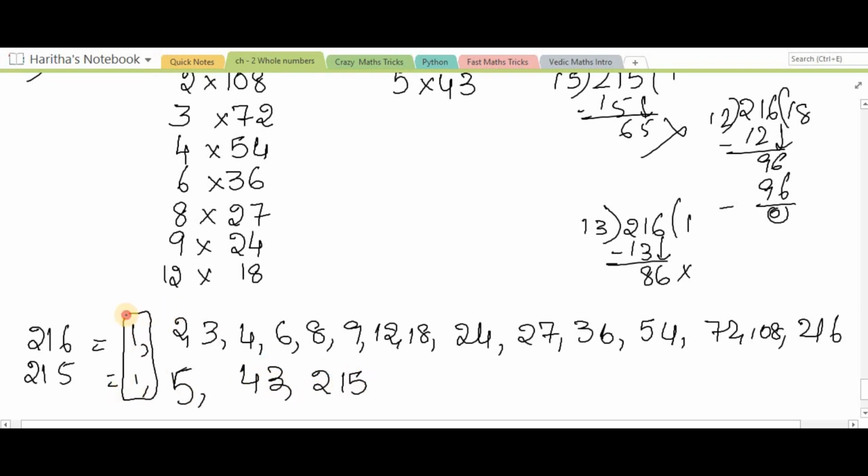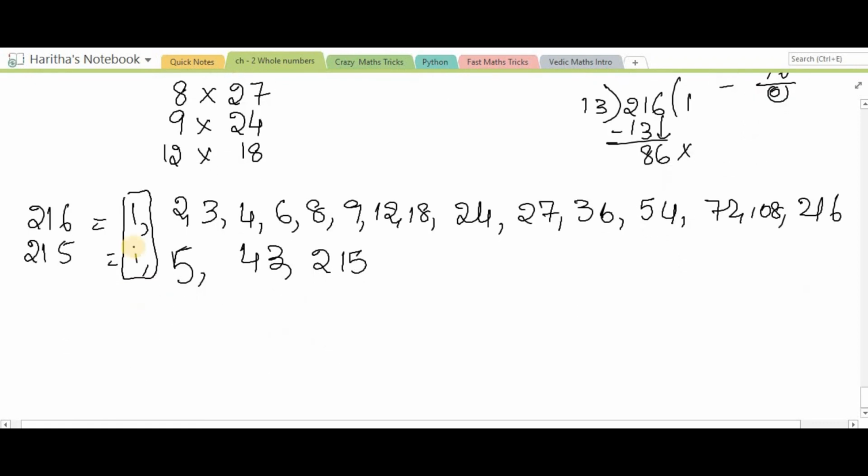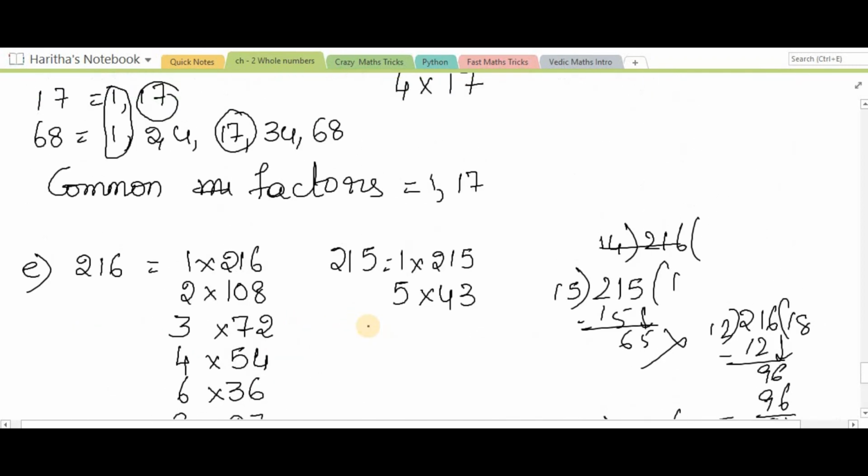So here you have only one common factor, that is nothing but your 1. So 216 and 215 are co-primes.